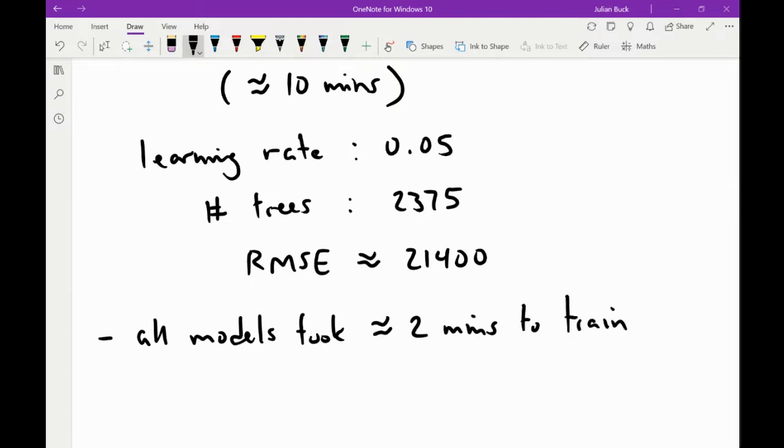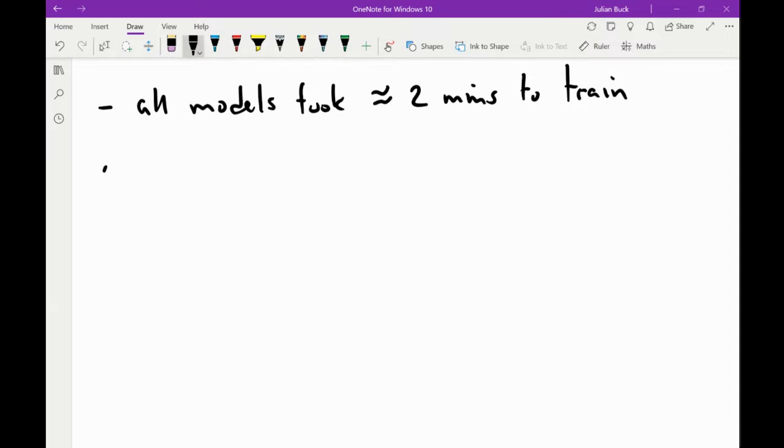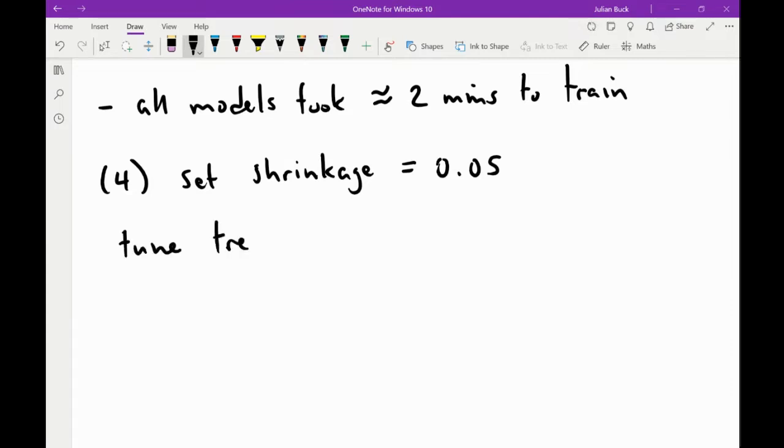So there wasn't any particularly big difference between various values of the learning rate and the resulting runtime. So we found 0.05 ends up being an optimal value for the learning rate. Then we'll set the shrinkage, the learning rate, to equal 0.05.